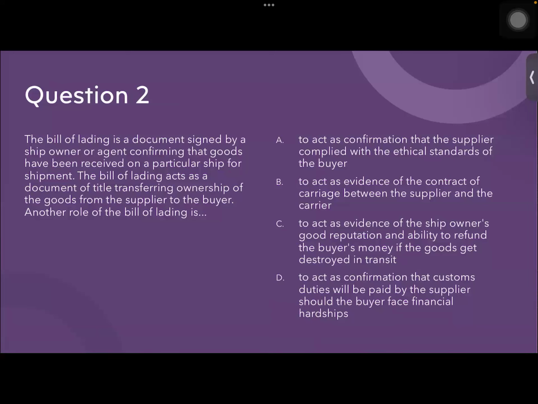Okay, so let me review the answers here. Because the anonymous answer is B, I think it must be the correct one. The bill of lading, besides its role as the document of transferring title, also has a role as a contract between the supplier and the carrier.